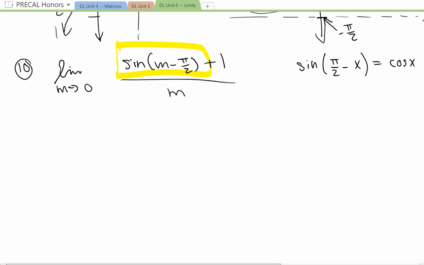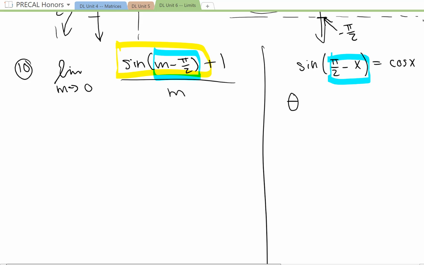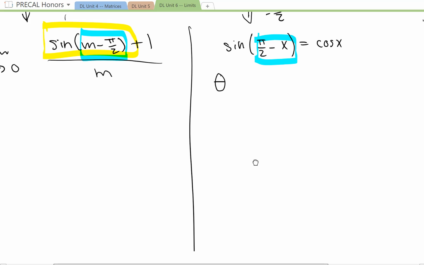I'm going to take this from the identity and make it look like this from the problem so that we can actually come up with something to substitute. First, we'll start off by saying I'm going to call this theta. Now I'm going to do some algebra to this cofunction identity before I even touch the problem.